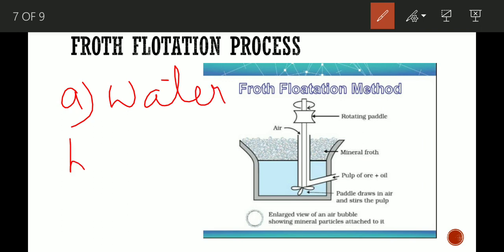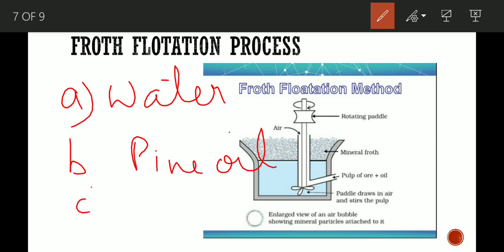Water is used, then pine oil is used to produce a foam. As the name is froth flotation process, we need to generate some foam. So pine oil is used to produce foam, and it also works as a collector, or I can say a foaming agent.